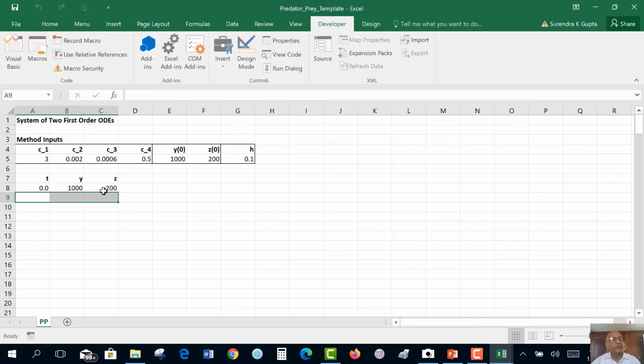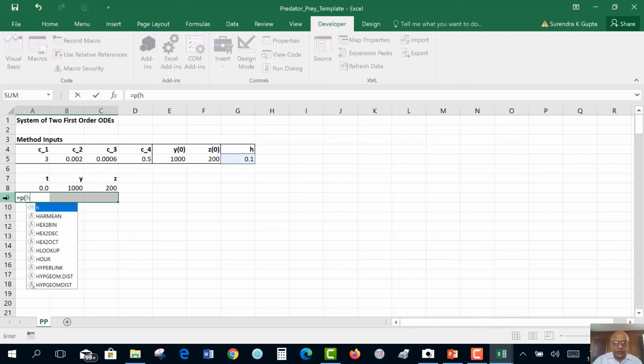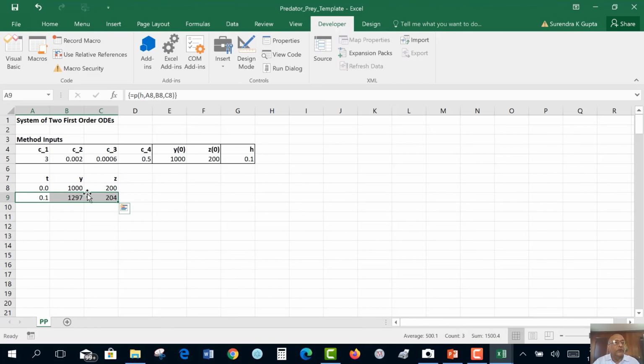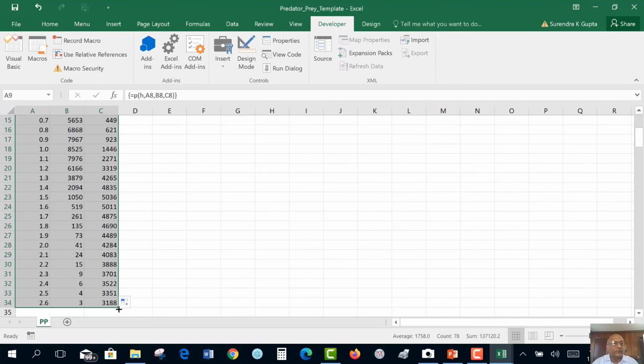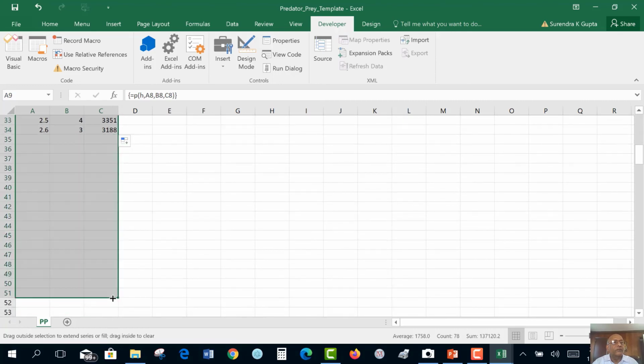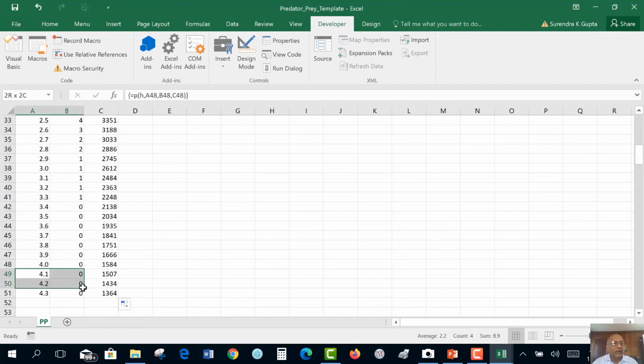And remember, this is a row vector, so Control, Shift, Enter. Here we go. So all we need to do now is copy this till we reach about time equal to 4. Okay, here we are. We went a little overboard, so let me delete that.